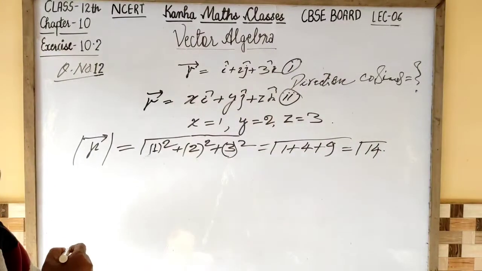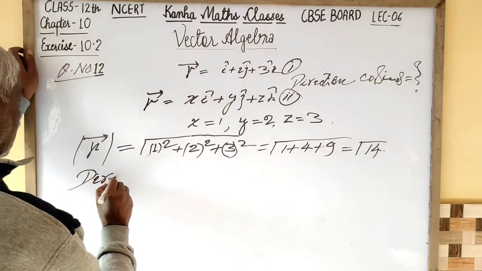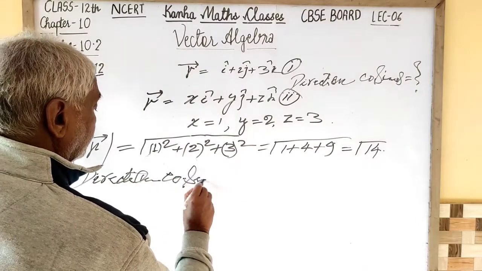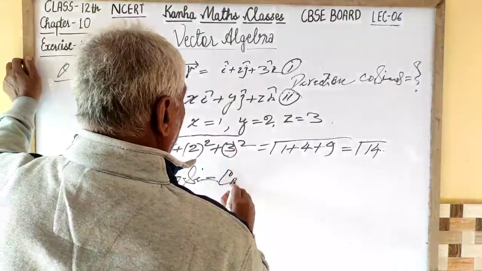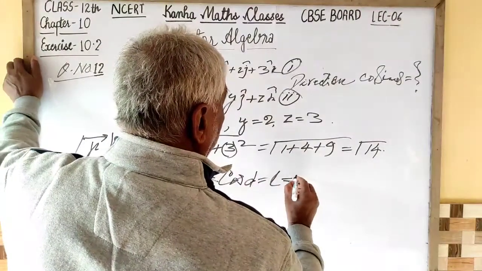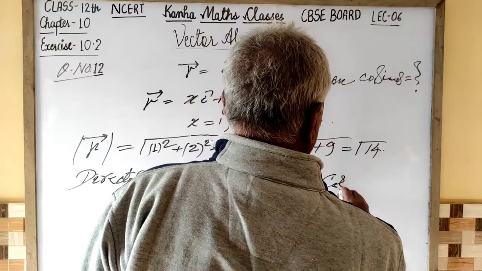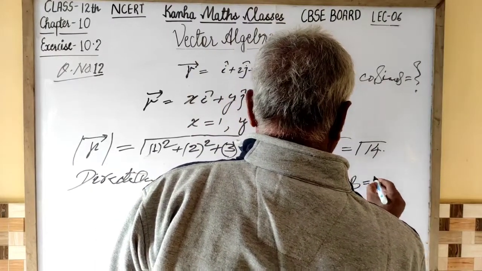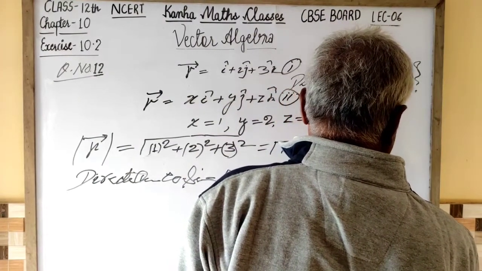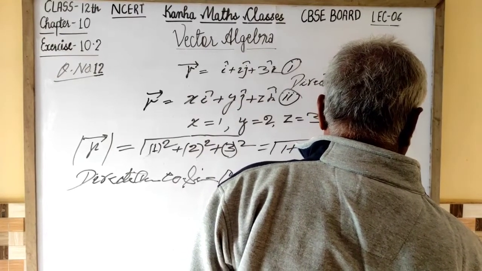Now the direction cosines: cos alpha, that is l, is equal to x by r, cos beta, that is m, is y by r, and cos gamma, that is n, is z by r.